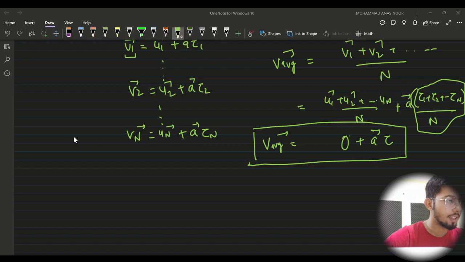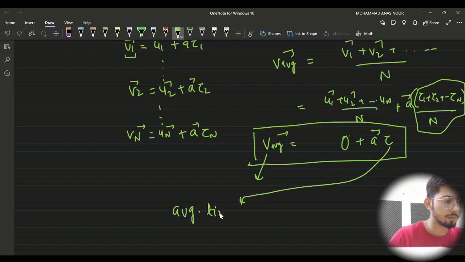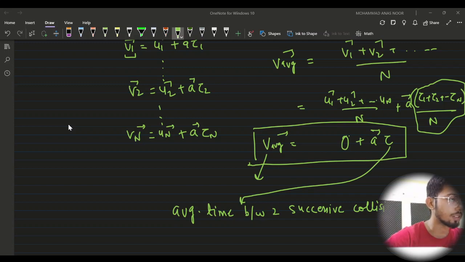This tau is the average time between two successive collisions. It is called average time because it's the average of all, right? So average time between two successive collisions, and this is called relaxation time, because there is some sort of relaxation that they get and then again collide.